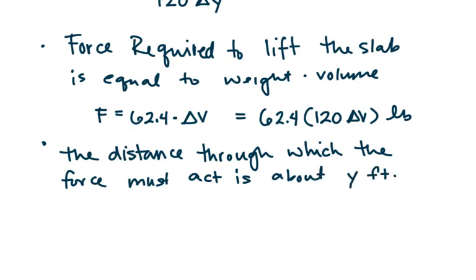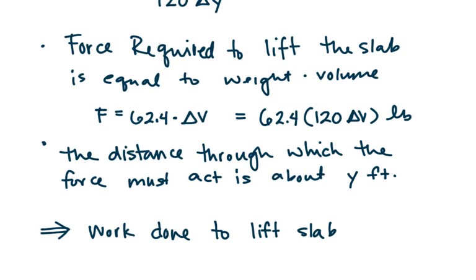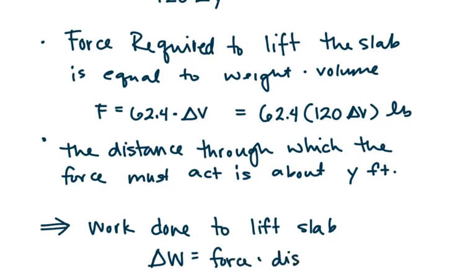All right, so what we can then say is the work done to lift that slab of water, the work done to lift the slab, delta W, is going to be the force times the distance.